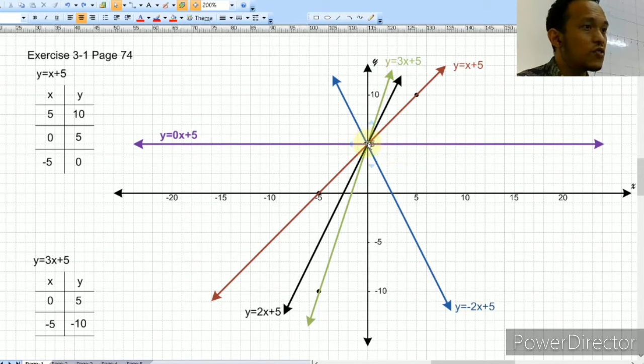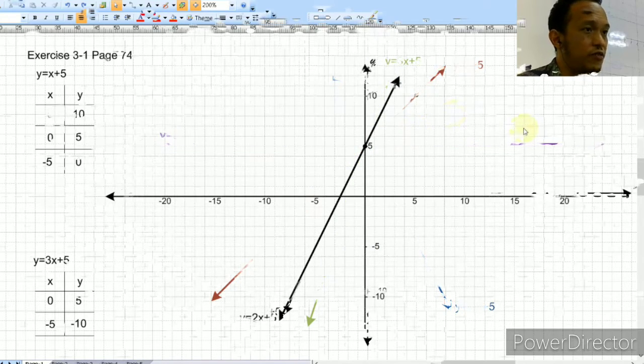This 5 refers to the constant in each equation. In 2x plus 5 and 0x plus 5, this 5 indicates the y-intercept, the intersection with the y-axis, since all consistently intersect the y-axis at 0, 5.